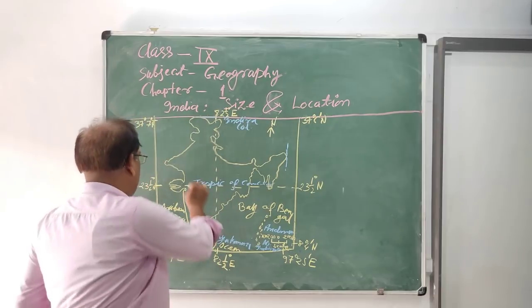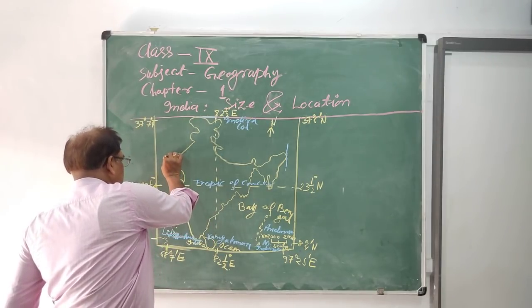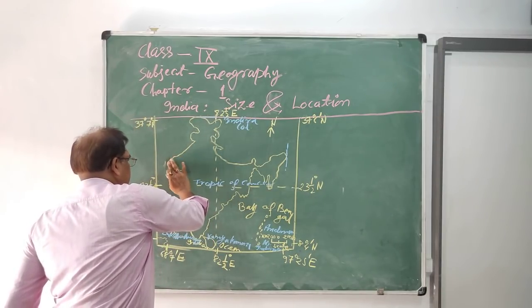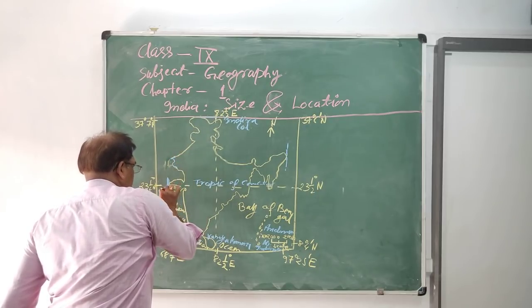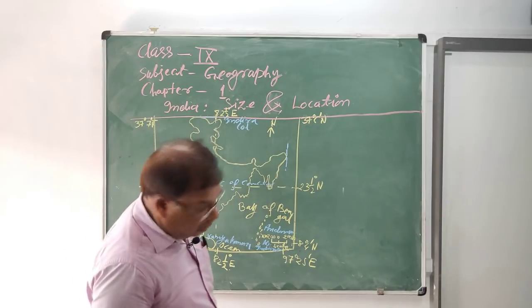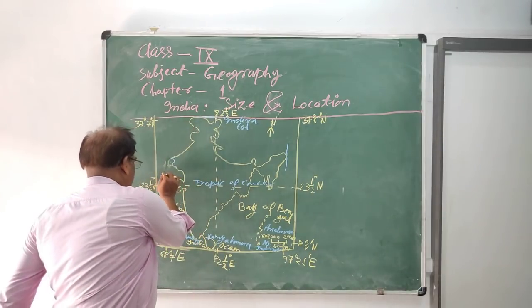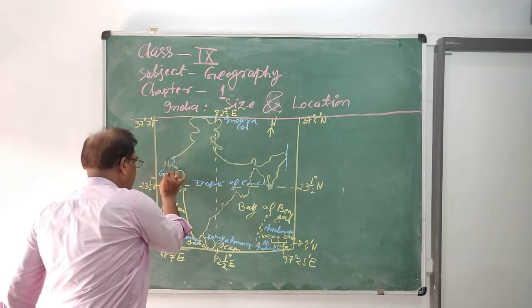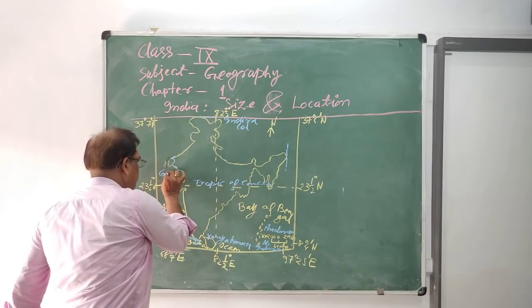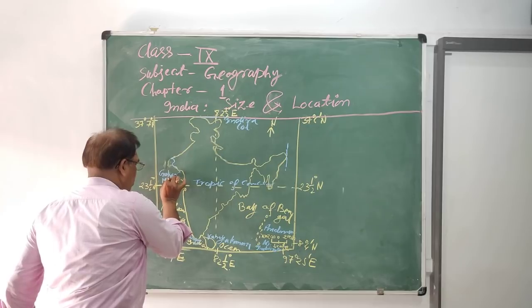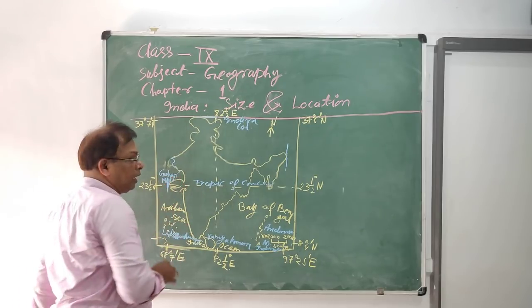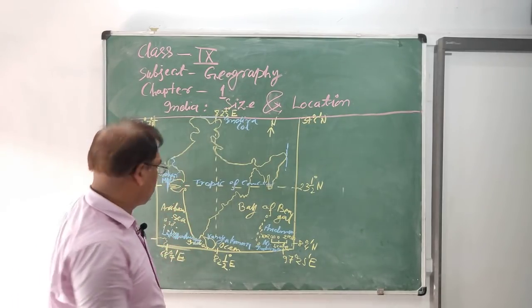easternmost point. Here is the westernmost point, known as Guhar Moti. Here is also found Sir Creek.